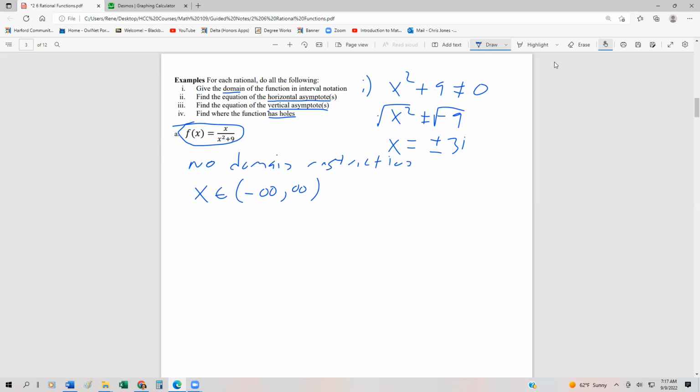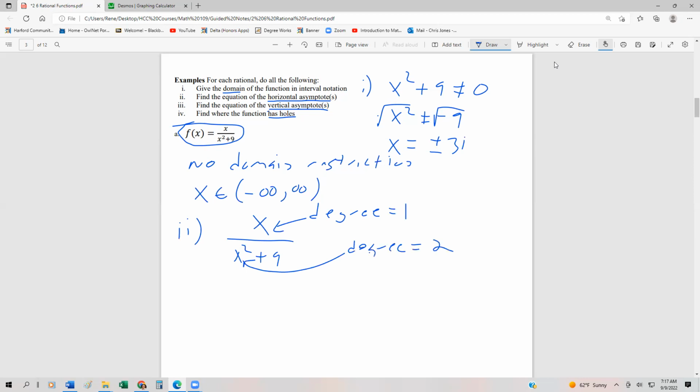Second thing, find the equation of the horizontal asymptote. That's where we take a look at the degree of the numerator and the degree of the denominator. The degree of the numerator is equal to 1. The degree of the denominator is equal to 2.